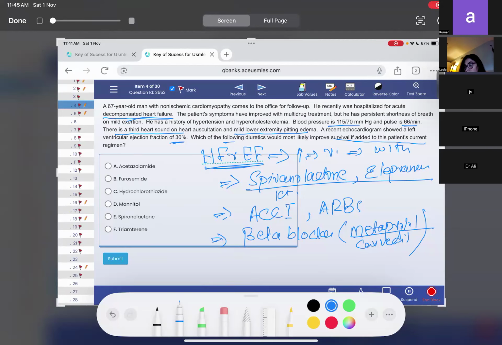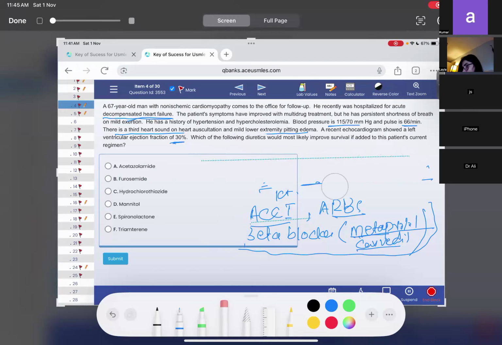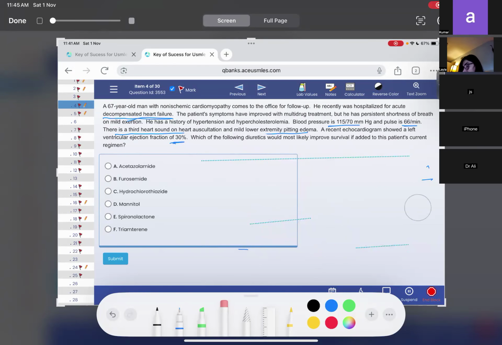These drugs should always be present in your mind while solving MCQs related to reduced ejection fraction heart failure: metoprolol and carvedilol, ACE inhibitors and ARBs, spironolactone and eplerenone. So the patient has a very reduced ejection fraction.